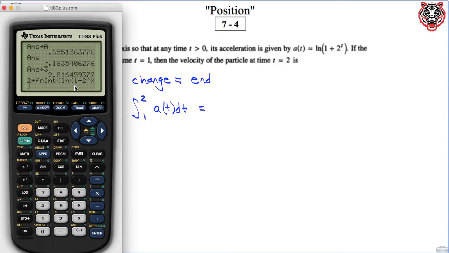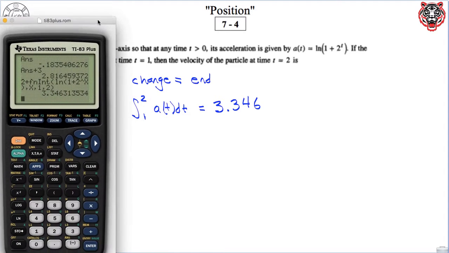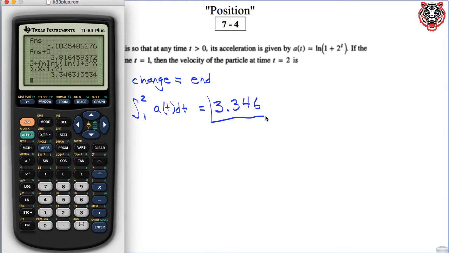So that's the natural log function. So comma variable, comma start, comma end, so comma 1, comma 2, and that will give us 3.346. That's the answer, 3.346. And do we have units? No units. So that's our final answer.